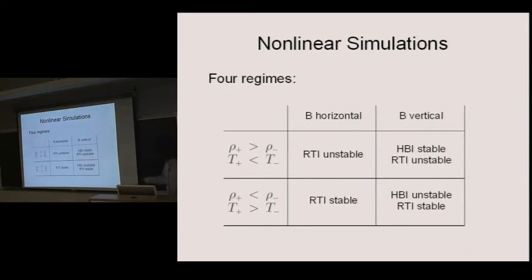So in this top row, you're Rayleigh-Taylor unstable, and then in the bottom row, you're Rayleigh-Taylor stable. And for a vertical magnetic field, there's this extra instability called the heat-flux driven buoyancy instability that I'll get to later that can come in this regime.